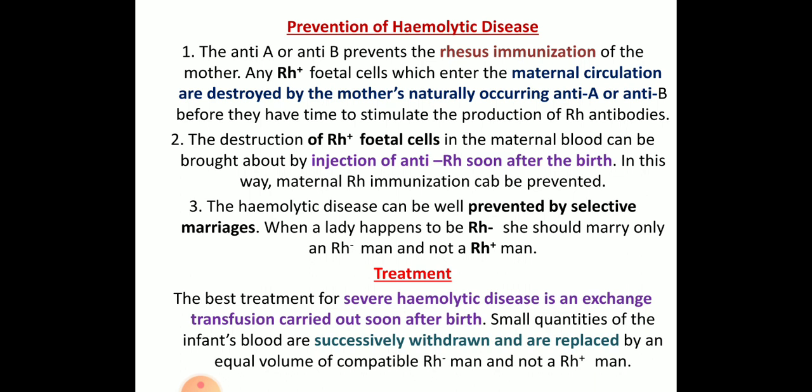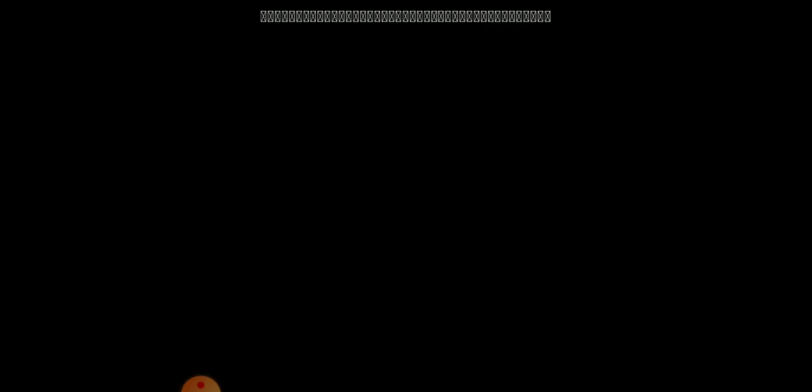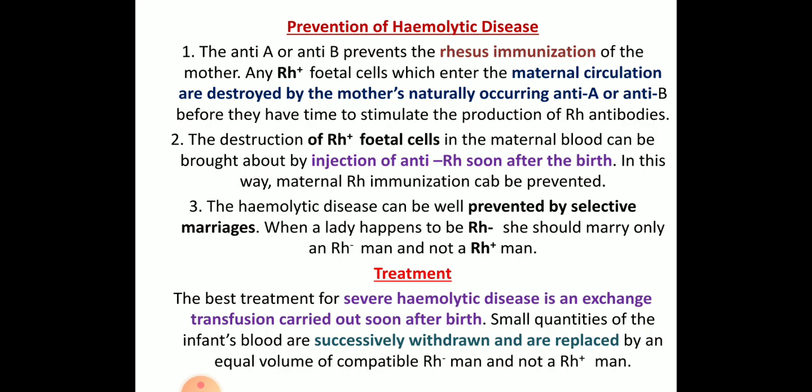As we have already discussed, if Rh negative blood is given Rh positive blood, it will be converted into Rh positive. The treatment of severe hemolytic disease is exchange transfusion, where a small amount of the infant's blood is withdrawn and replaced with an equal amount of Rh negative blood and not Rh positive. This is how the prevention of hemolytic diseases takes place.